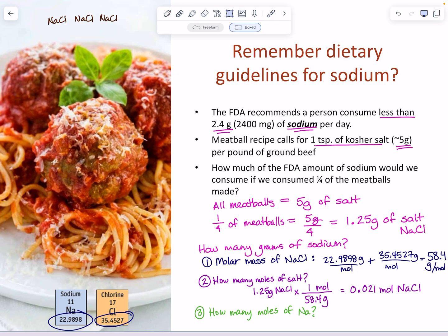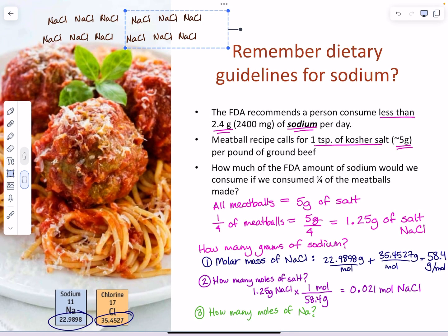I'm going to be lazy. I'm going to copy, paste. All right. So there you go. That's a dozen molecules of sodium chloride. How many atoms of sodium are there?